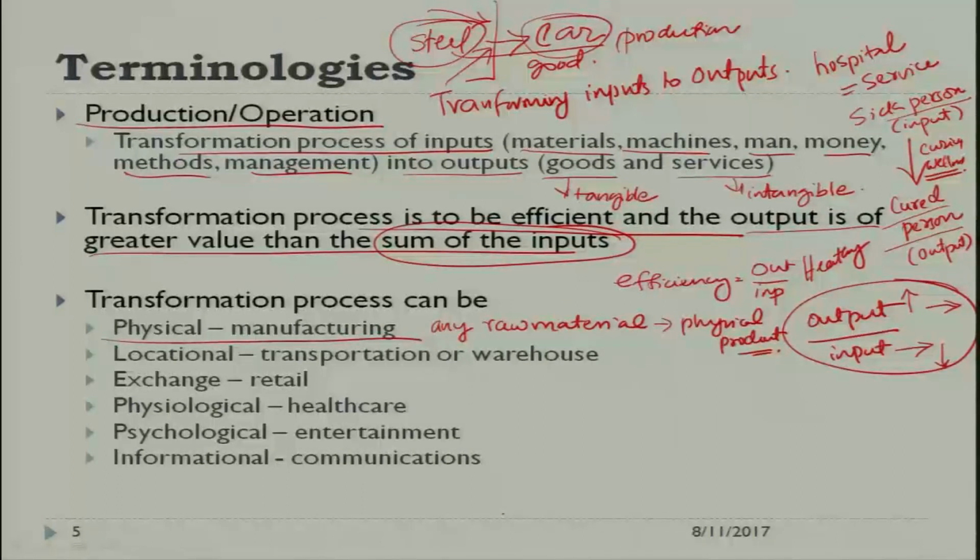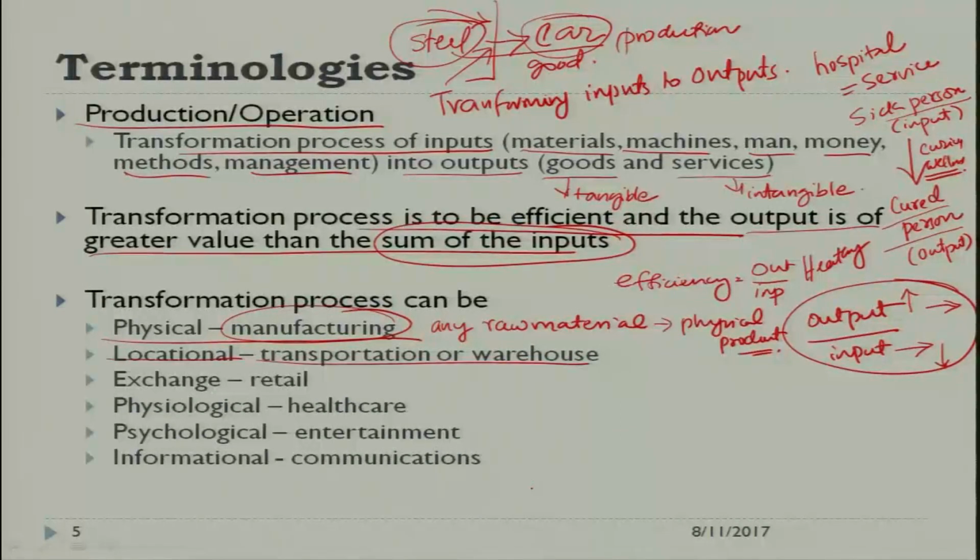So, when we talk about green manufacturing, this is the process we are talking about, a tangible, observable object. But the same philosophies are also applicable for locational transformation processes, which are typically transportation or warehouse.